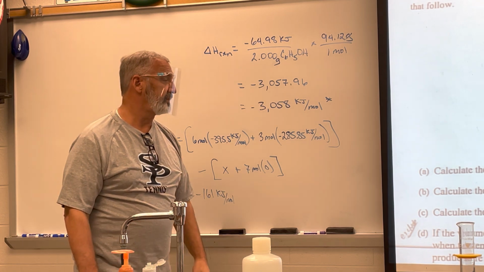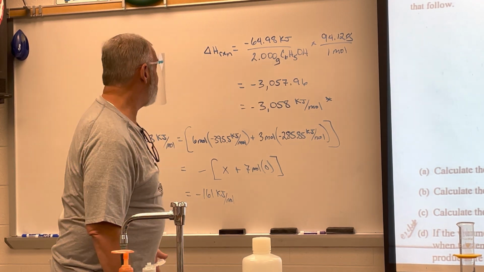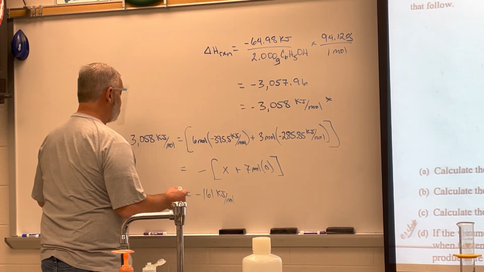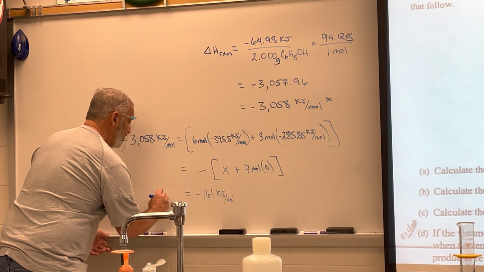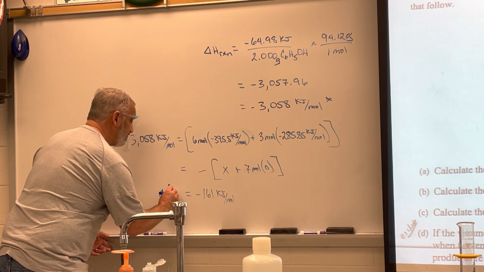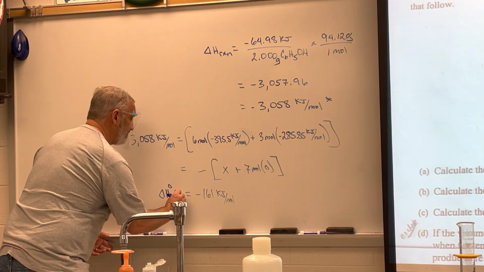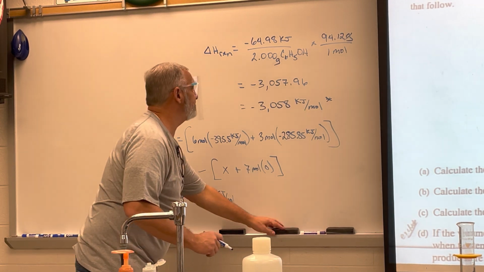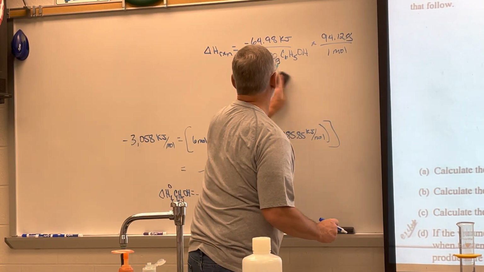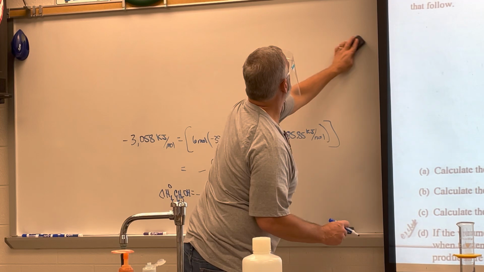All right. So now that we have the delta H of formation of phenol, C6H5OH, it says calculate delta G. What equation do I use for that one?